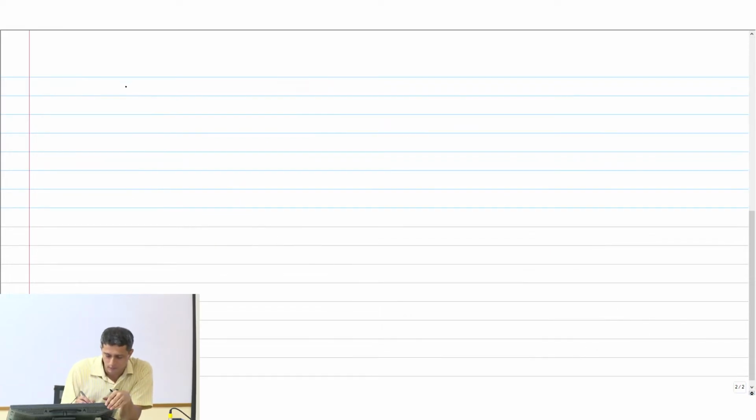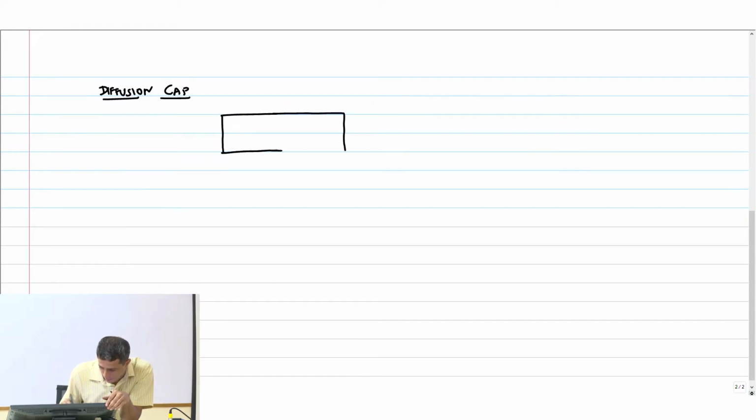So we were discussing the diffusion caps. So we said that if you have a PN junction, P, then you have some depletion region. The concentration is Na here of the acceptor impurities, donors concentration is Nd.